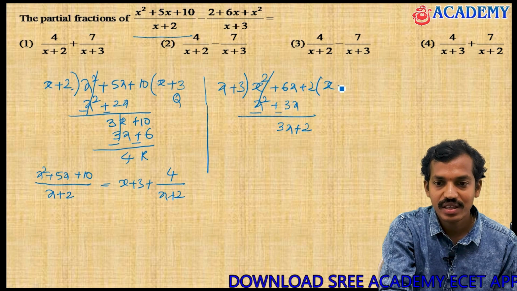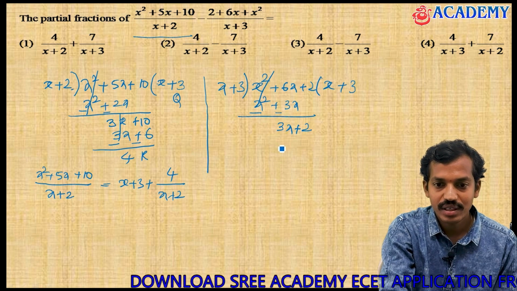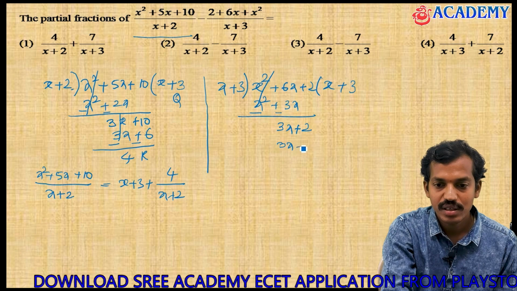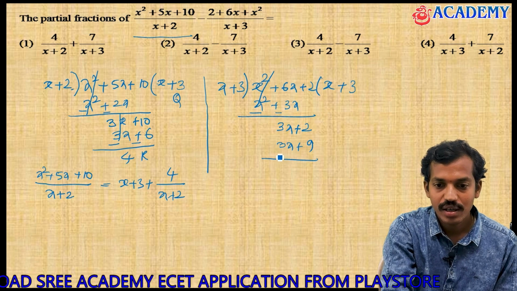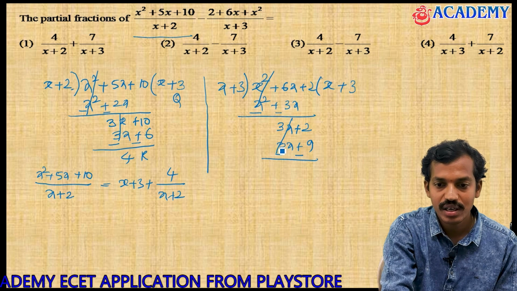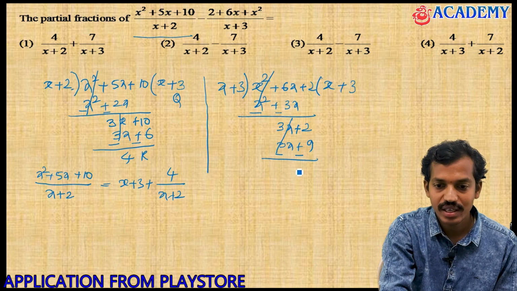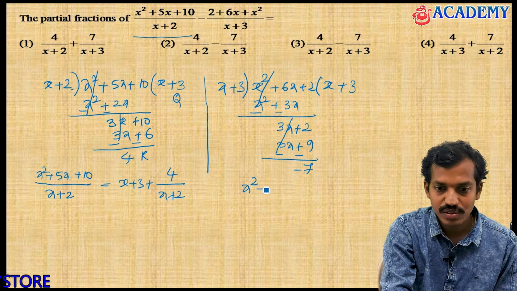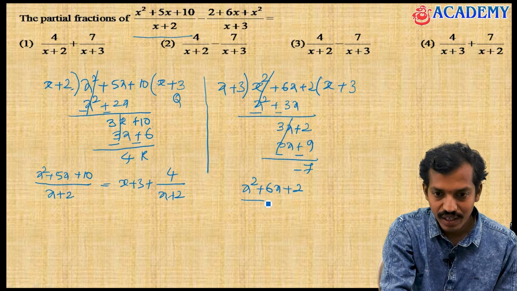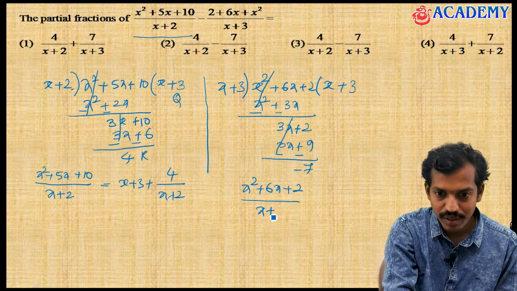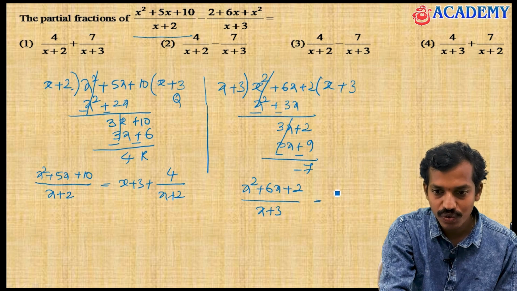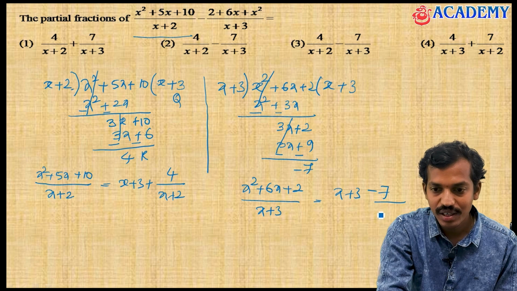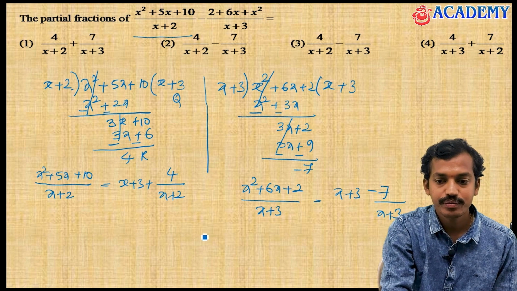I again want 3, so I write plus 3: 3 into x plus 3 is 3x plus 9. Minus, cancel, and 2 minus 9 is minus 7. I am writing this equation again: (x square plus 6x plus 2) divided by (x plus 3) equals x plus 3 minus 7 divided by x plus 3.